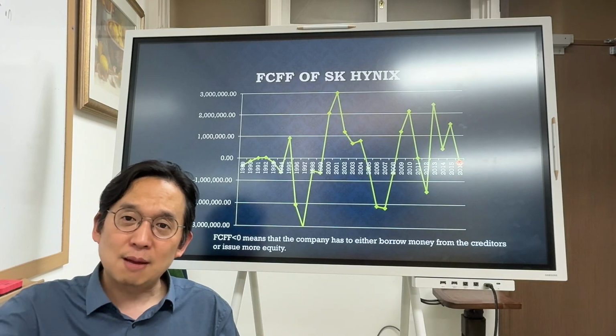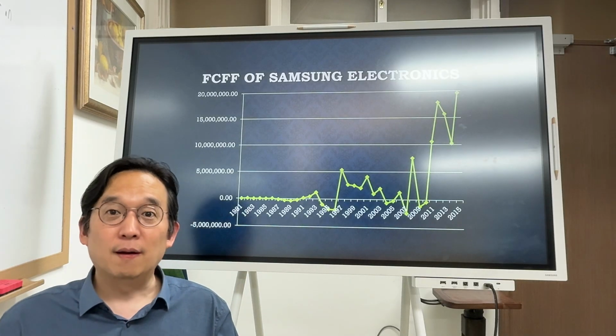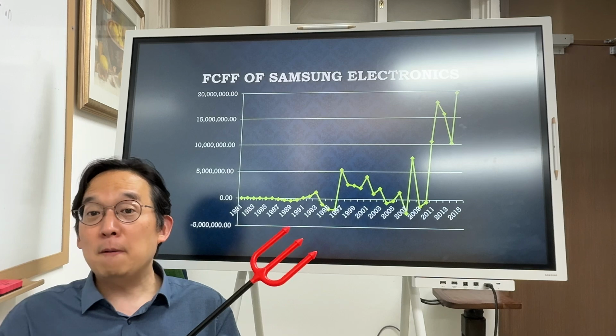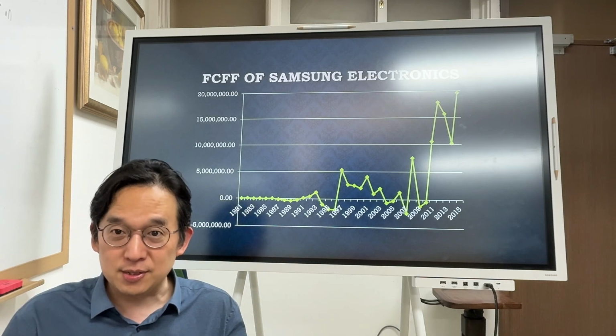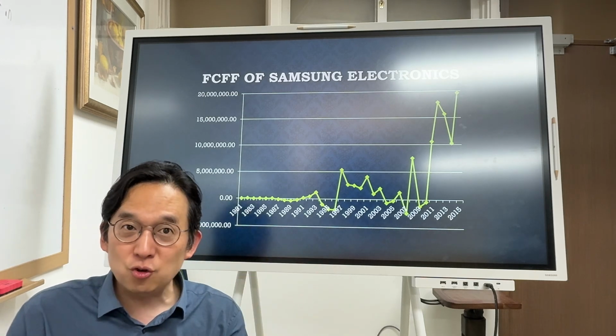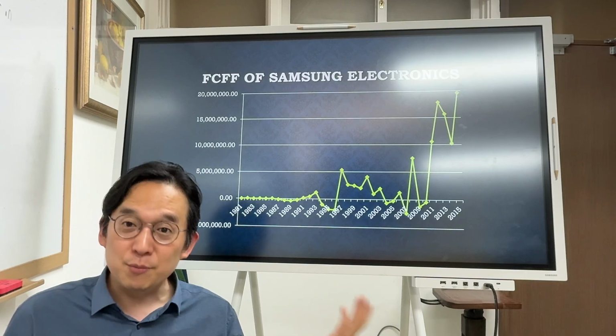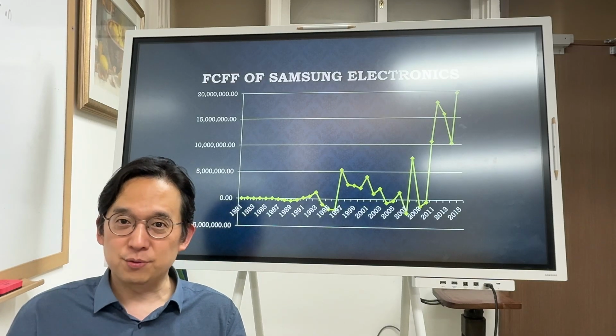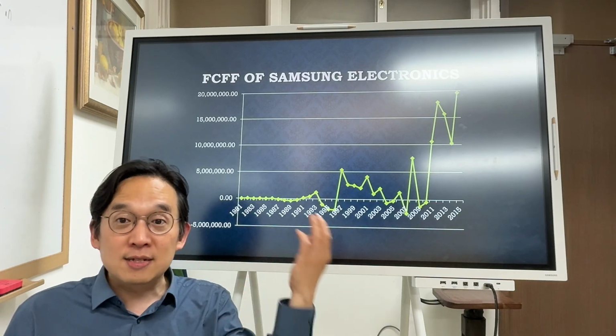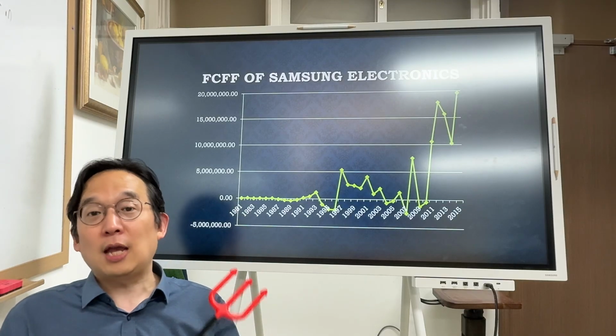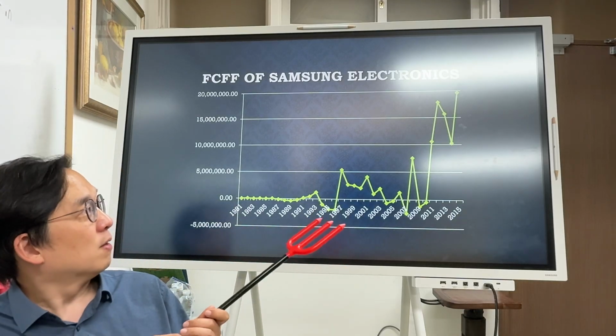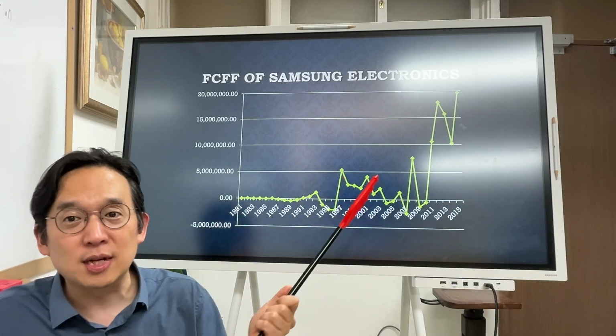Well, Samsung Electronics is the one. They have cell phone, consumer electronics, and telecommunications equipment businesses other than semiconductor. So their cash flow is volatile, but they have some more stable ground.